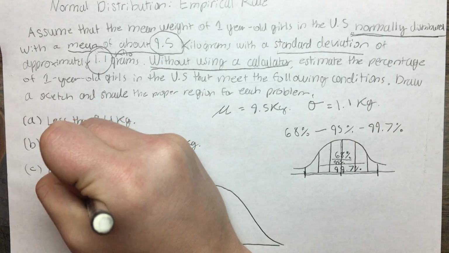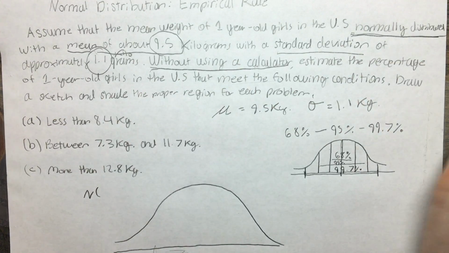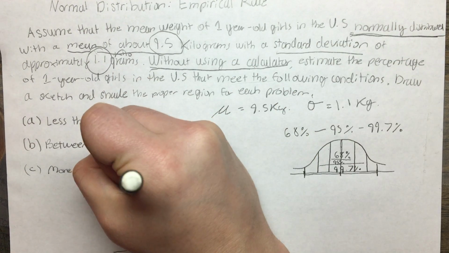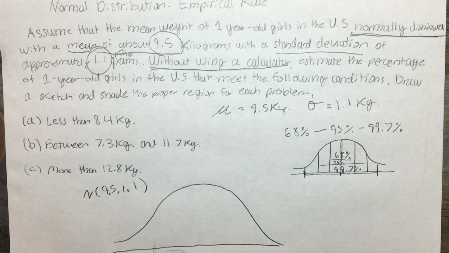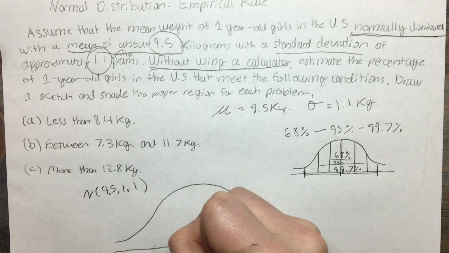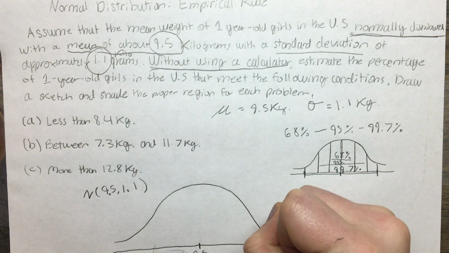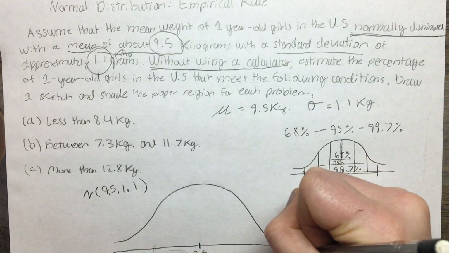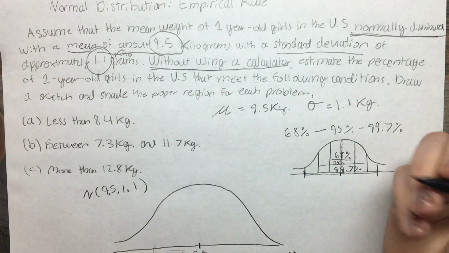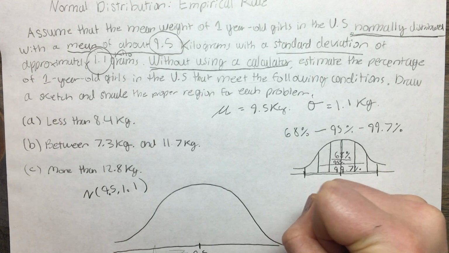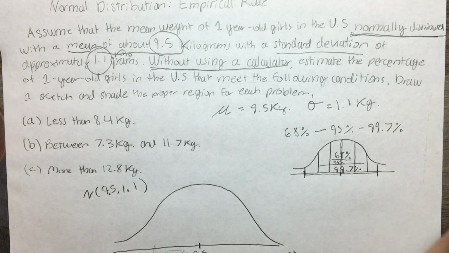We're going to do N for our mean is 9.5 and our standard deviation is 1.1. We're going to write our mean right here, which is 9.5. And I'm going to label the x-axis as kilograms of 1-year-old girls in the U.S.